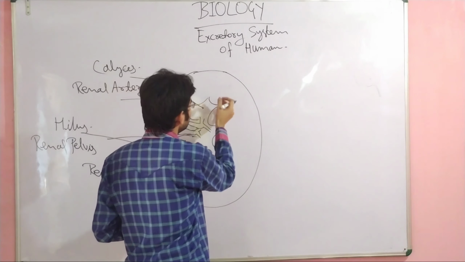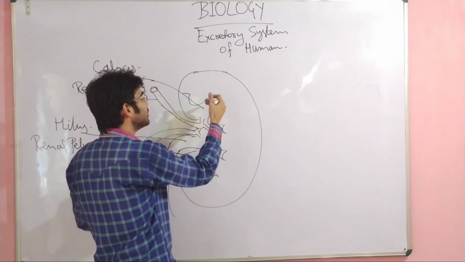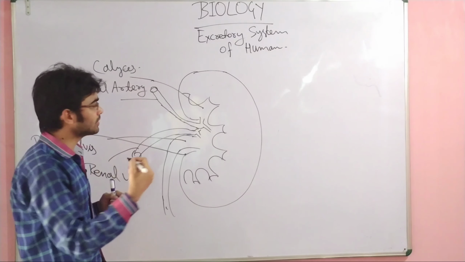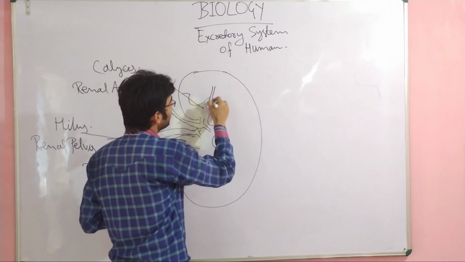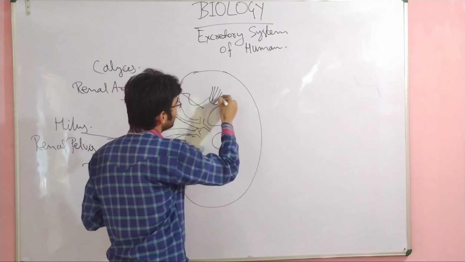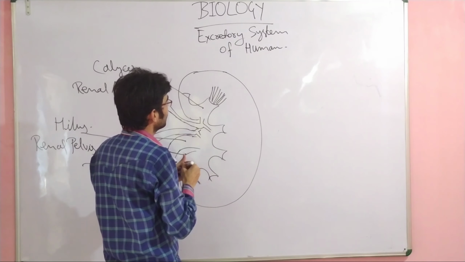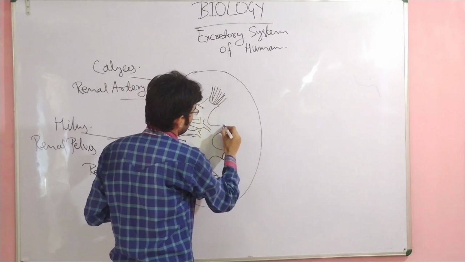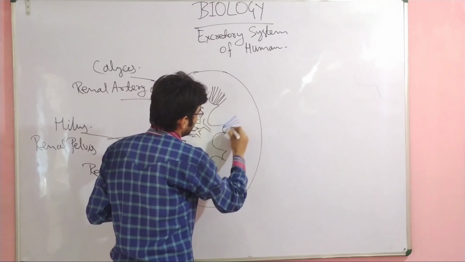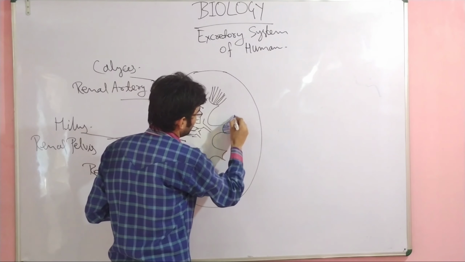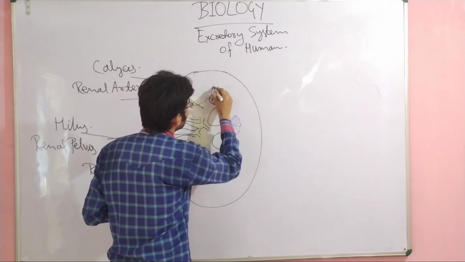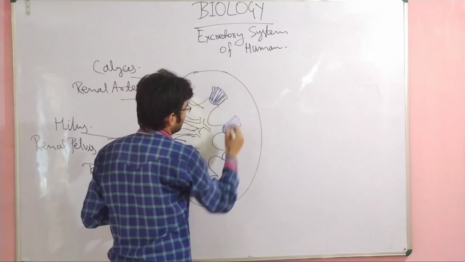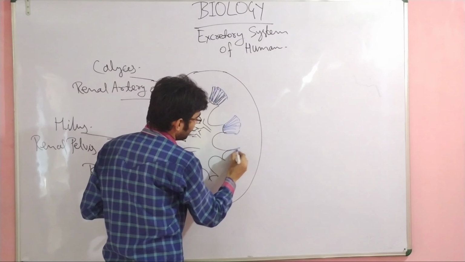Now I'm going to make the structure of the medulla region of the kidney. It is a striated region, a pyramidal striated region. This is the pyramid.